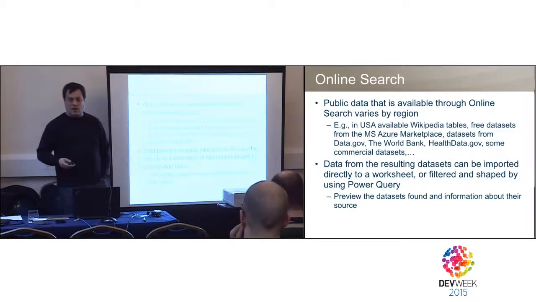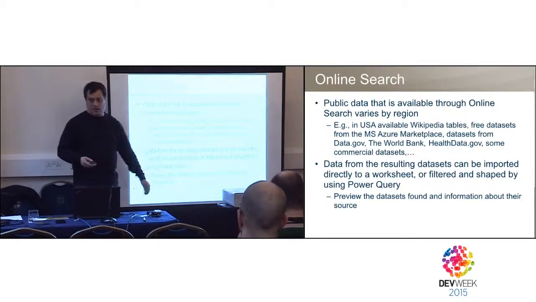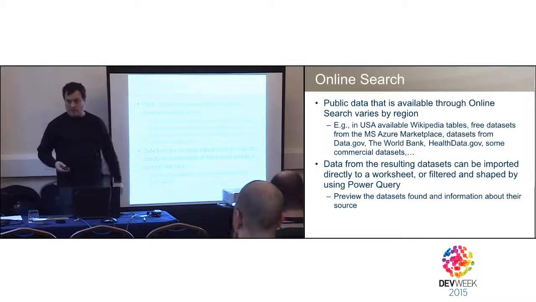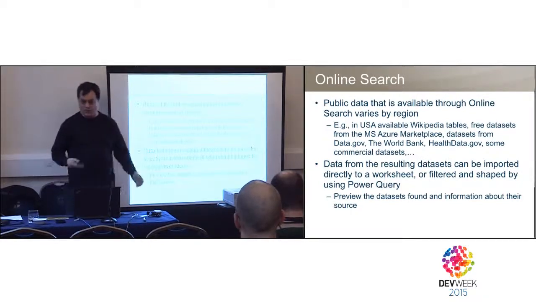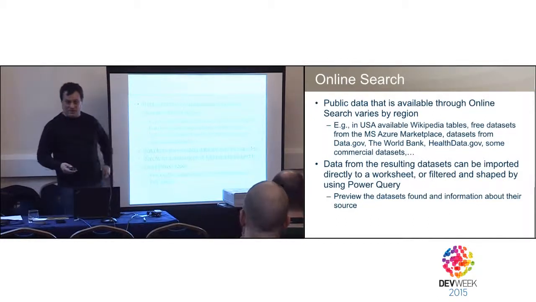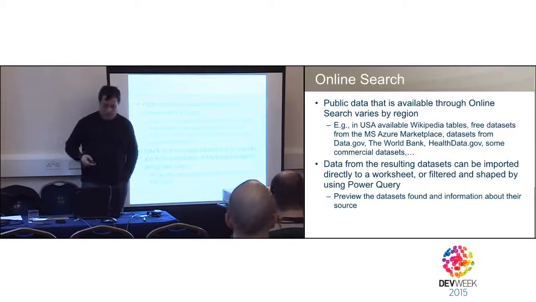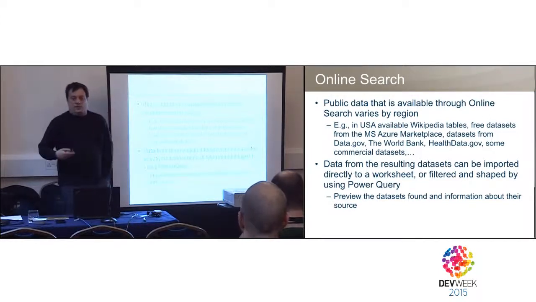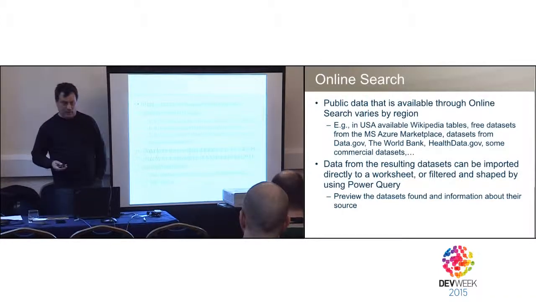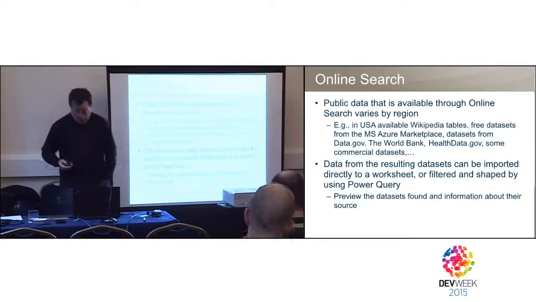And of course, these limitations are coming from Bing limitations, you know, that of course in China you cannot search for democracy, for example, they don't allow, and so on. So basically, if you can search for a table with Bing, you can get this table in your Excel with Power Query.